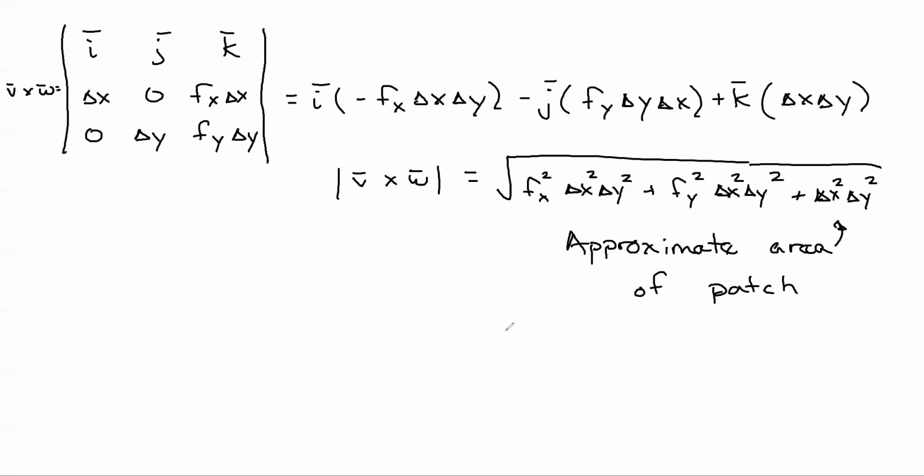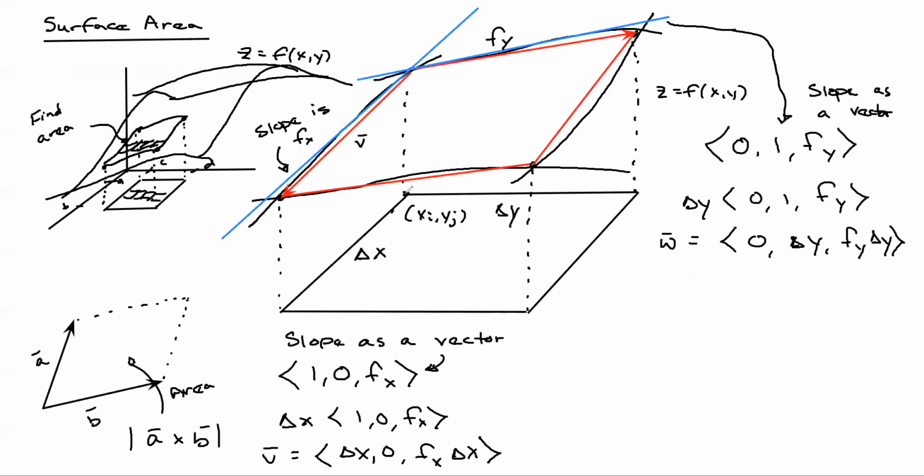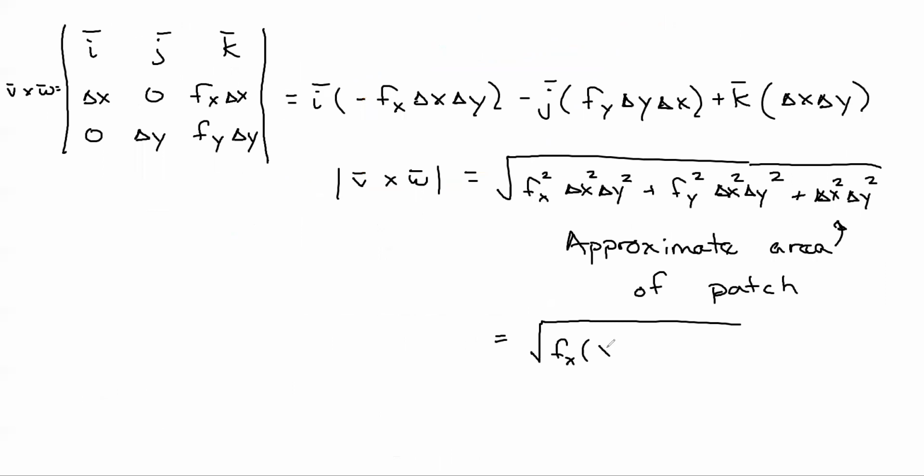So we could simplify that. We could pull out the change in x, change in y. And this becomes, I'm going to label some other stuff too. Notice we said we were using this corner, this point where we have x sub i, y sub j for all of our calculations. So the partial with respect to x is at x sub i, y sub j.